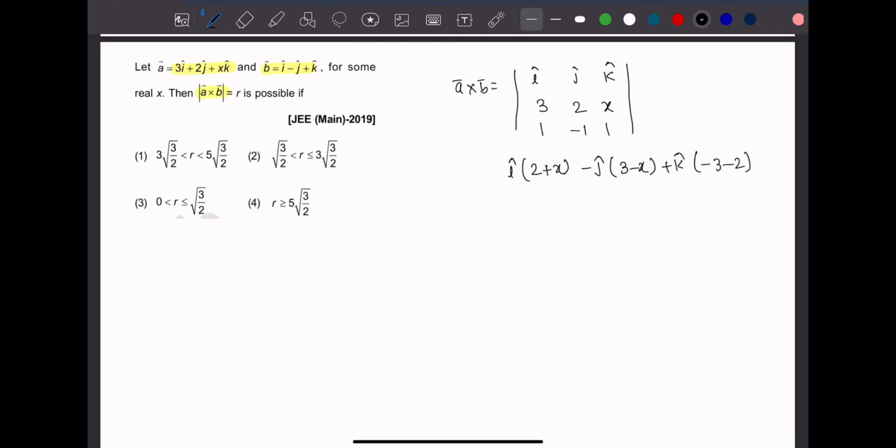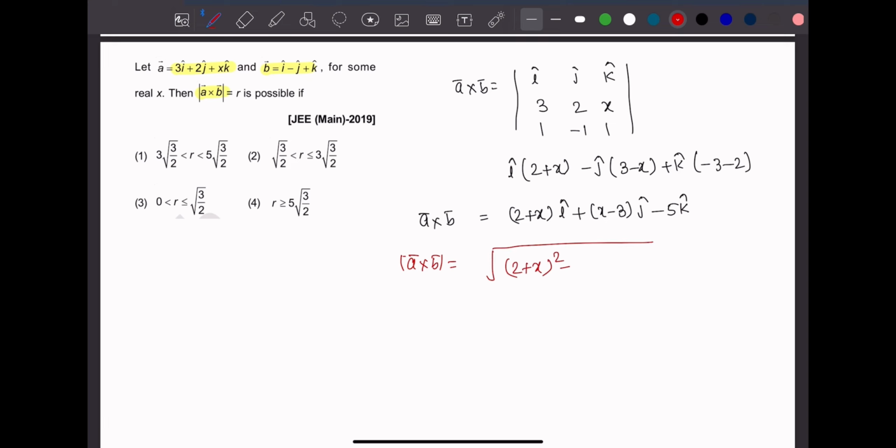Okay, so we have 2 plus x i cap plus x minus 3 j cap and minus 5 k cap as a vector cross b vector. Now we will take magnitude of this one. So magnitude of a cross b, we are getting root over 2 plus x whole square, x minus 3 whole square and plus of 25.